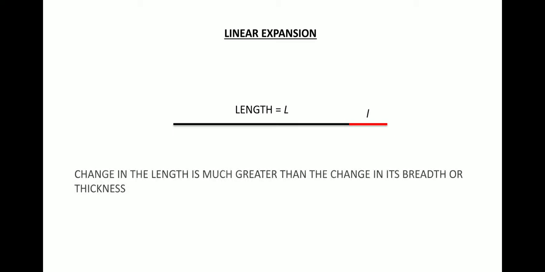Here the change in the length is much greater than the change in its breadth or thickness. So that's why we consider the length to be more important compared to the breadth or thickness of the wire.